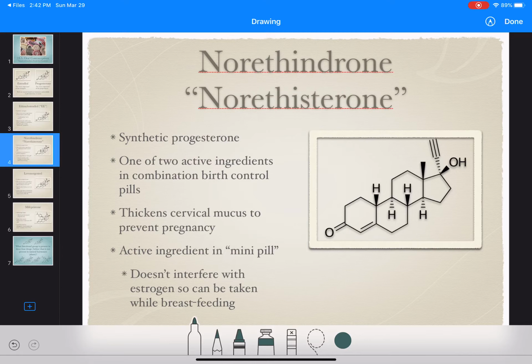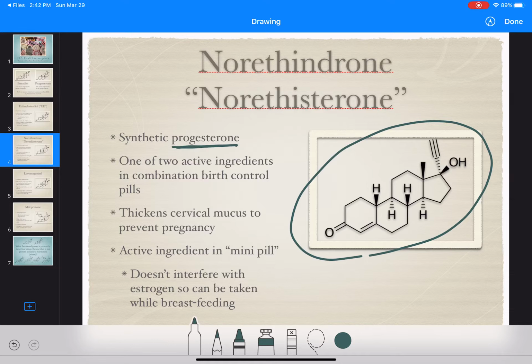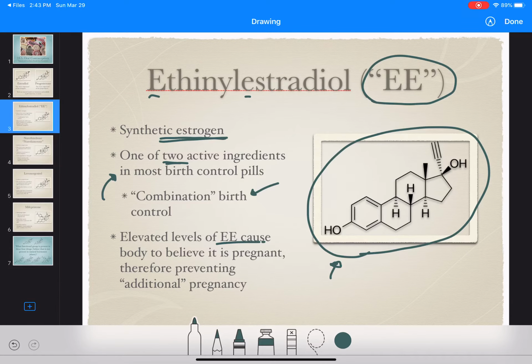Here's another one. This is norethindrone, and if you look at its structure, you'll see it's similar as well to the structures of all the other ones we've seen so far. This is a synthetic progesterone, and if you're taking a combination birth control pill, this norethindrone can be combined with ethinylestradiol.